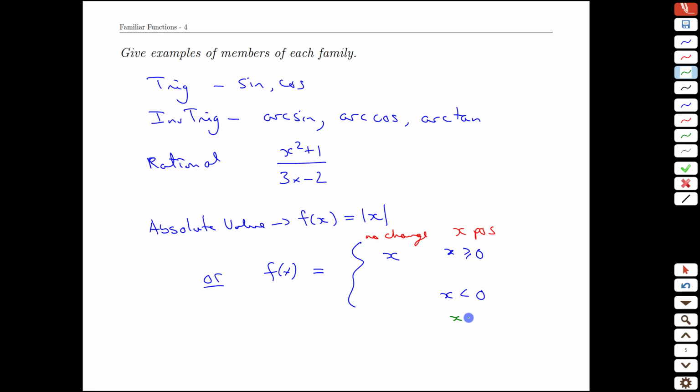Now what happens on the other side? If x is negative, then imagining minus 2, we want to get 2 back. The challenge here is to get away from the idea of just remove the negative sign. There's no mathematical formula way to do that except for the absolute value, and we're trying to use something different.